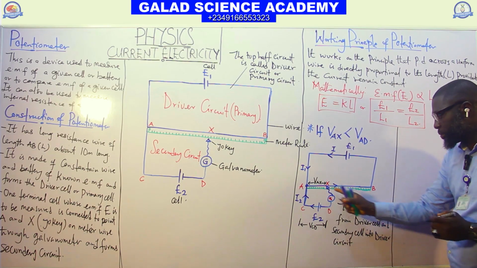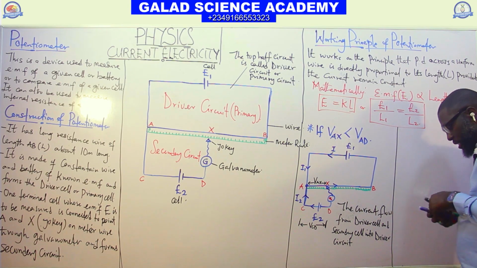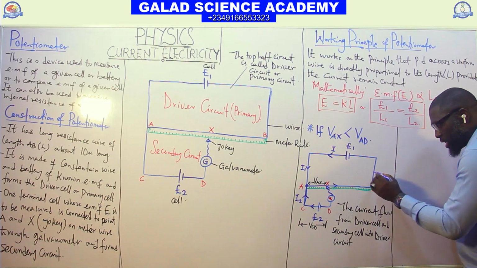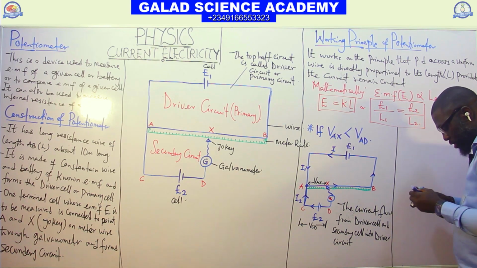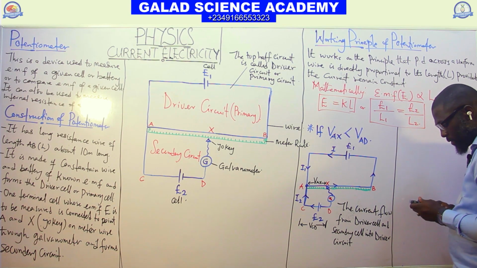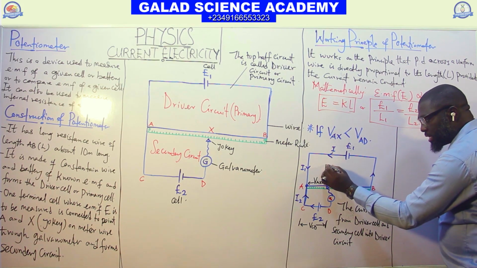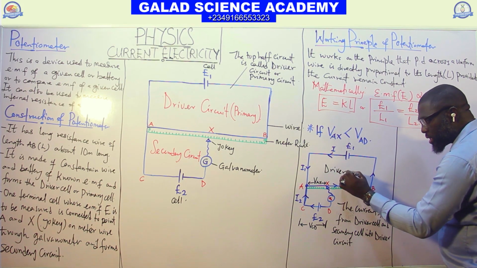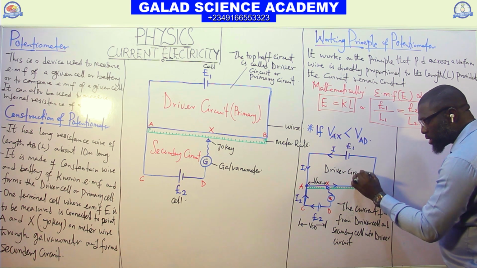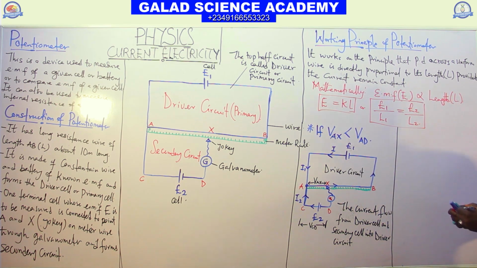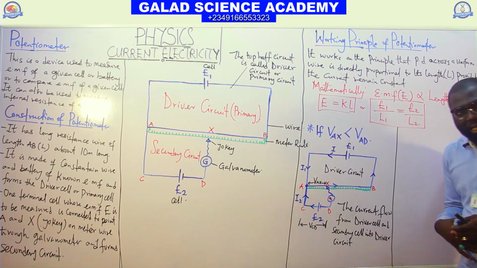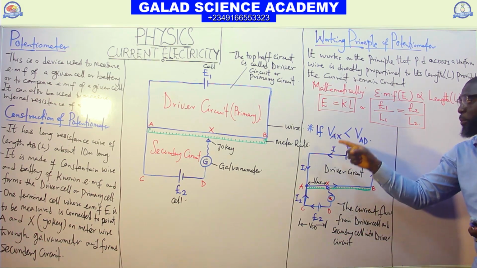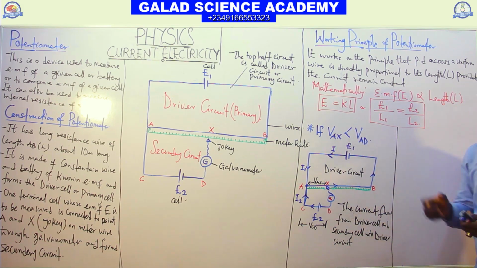You can see it now. This is the driver circuit or primary circuit. This is the scenario that happens when the potential difference of AX is less than VD.